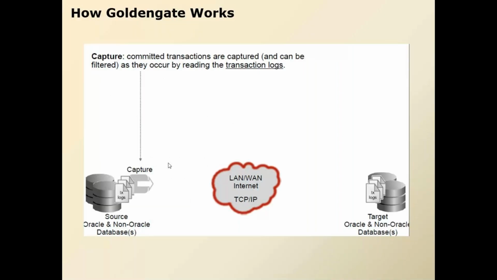Now comes the actual architecture of GoldenGate, just like the database architecture. I always say, when I started my database career and took my first training, my teacher told me that if you understood Oracle database architecture, you have completed 50 to 70% of Oracle database.